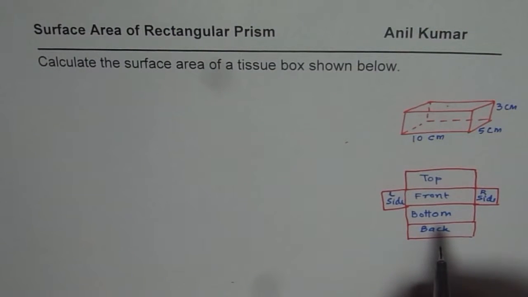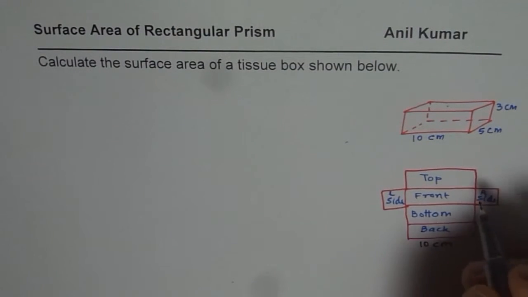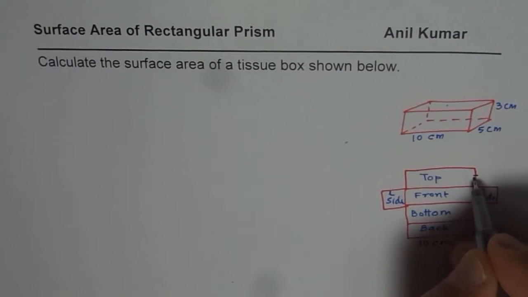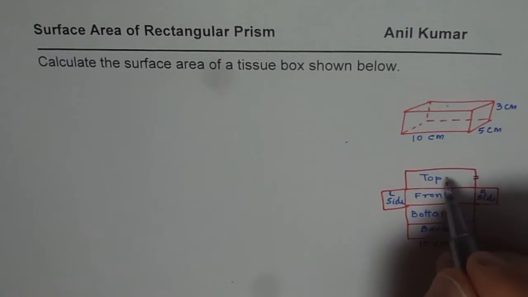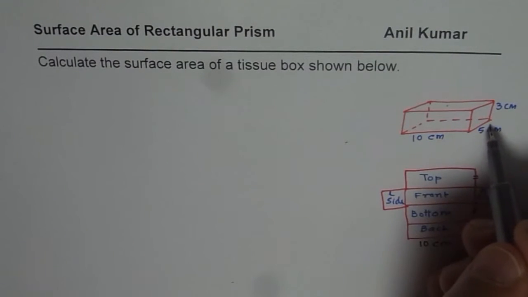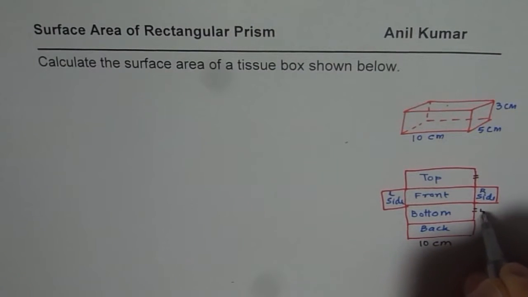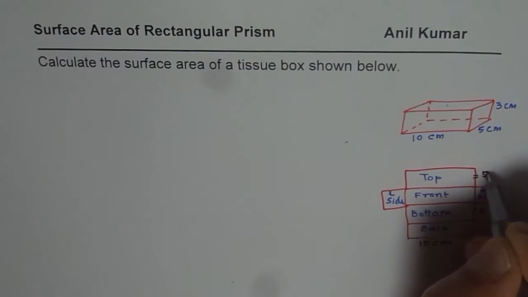So in this, what you know here is that this dimension here is 10 centimeters, right? So this is 10 centimeters. And if you open this up, this top and bottom has the same width, correct? So the top and bottom width is 5 centimeters, as you can see, right? So this is 5 centimeters each.